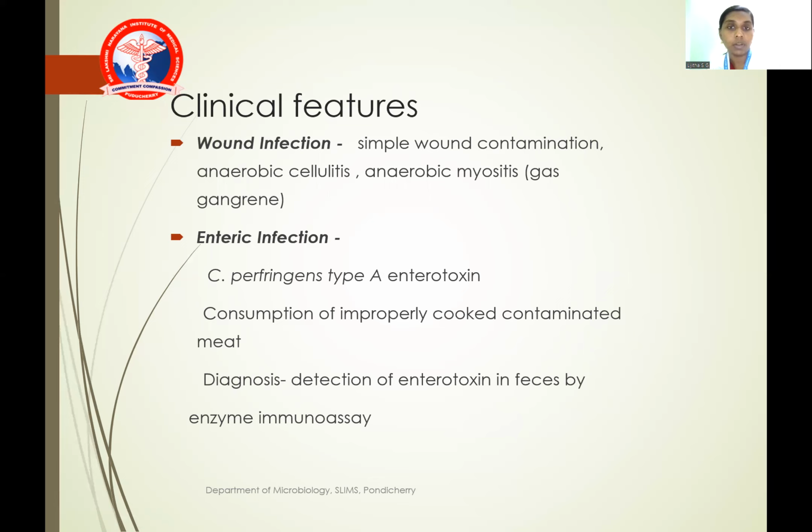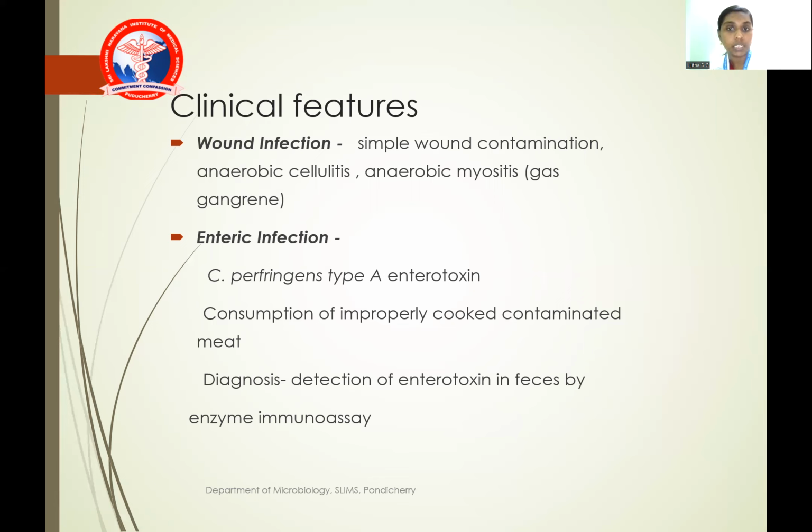Okay, simple wound infection means there is infection of the superficial area of the wound only. There is no toxin production. Okay, so that is simple wound contamination. And anaerobic cellulitis means there is invasion into the fascial plane. Then it is known as anaerobic cellulitis, and a minor amount of toxins is also produced.